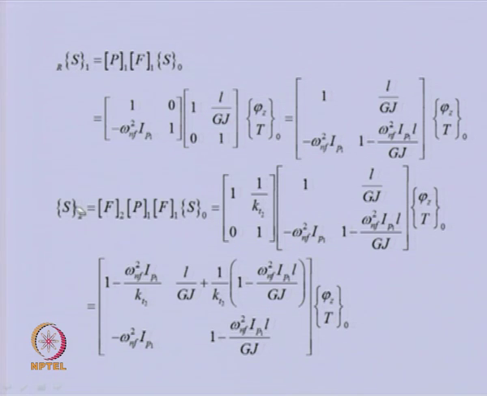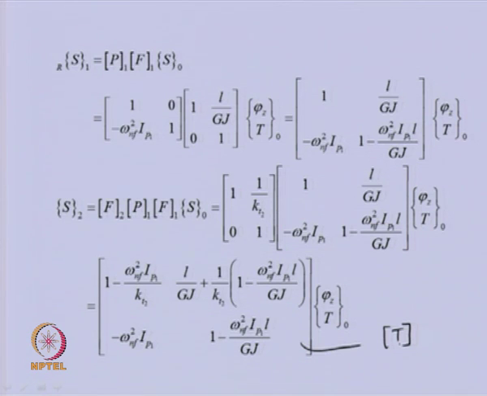Now, we want the state vector at station 2. For that we need the multiplication of field matrix, point matrix, field matrix, this last one corresponding to the spring. If we multiply this, we get this 2 by 2 matrix, which is the overall transfer matrix for the present problem.